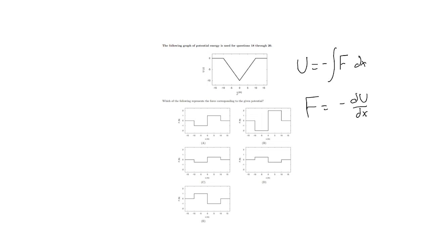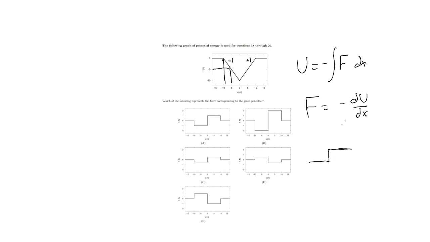Because this is already labeled by position, the only one that satisfies that, so let's see, this has a slope of, from what I can tell, -1, and this is a slope of +1. Since this is a negative derivative, we're going to have a graph that starts from 0, with a slope of 0, and then suddenly has a reading of 1, because the slope is -1 here and it's a negative derivative.